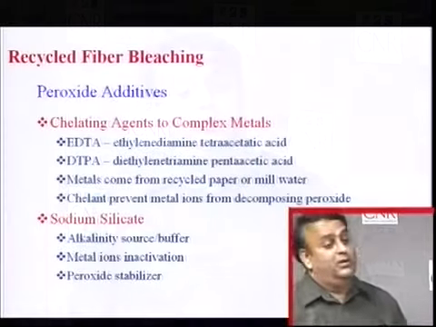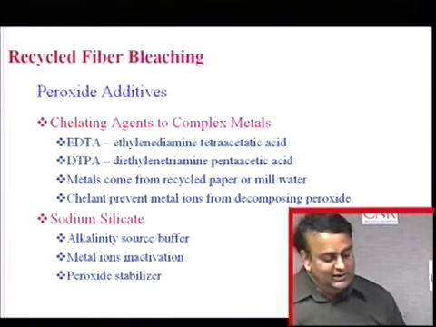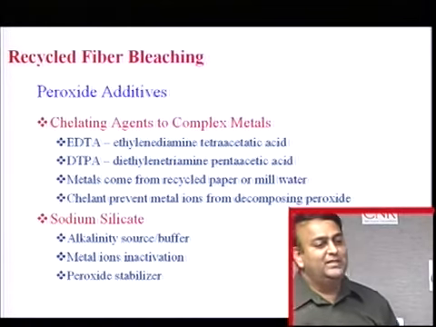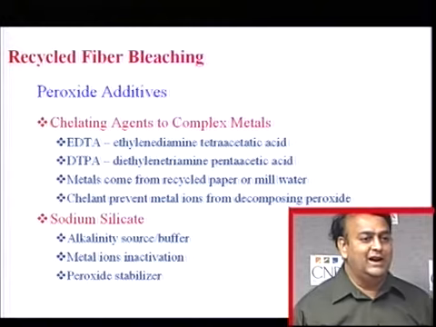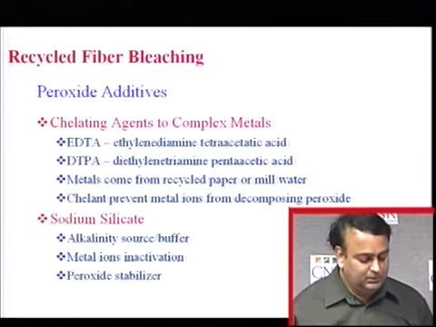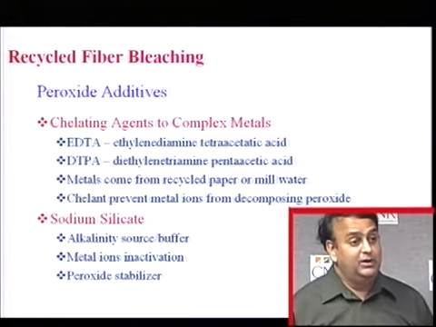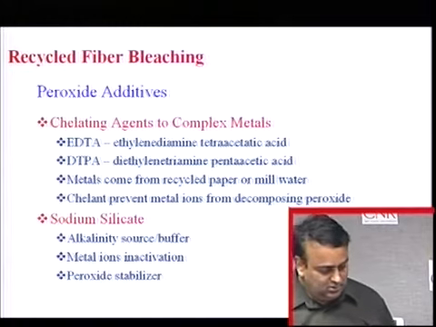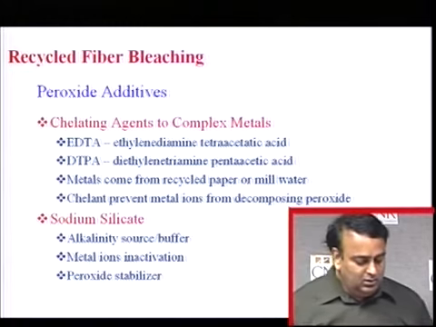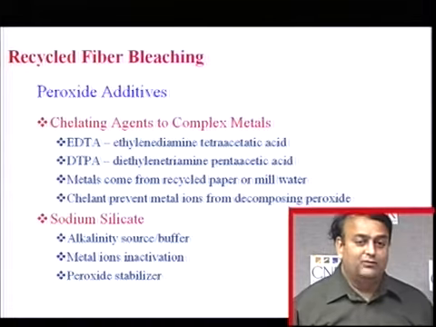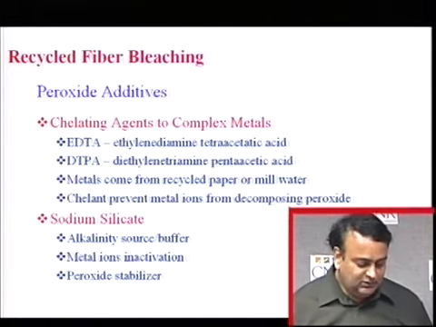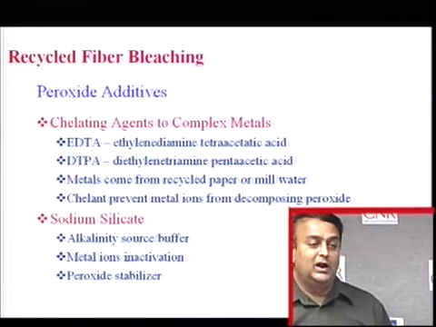Let us look at the various additives used for peroxide bleaching. Chelating agent for fixing the metal ions, otherwise peroxide will get decomposed to oxygen and water. EDTA and DTPA are used for this purpose. Metals come from recycled fiber and also mill waters. We need to fix these metals, that is why chelating agents are used.